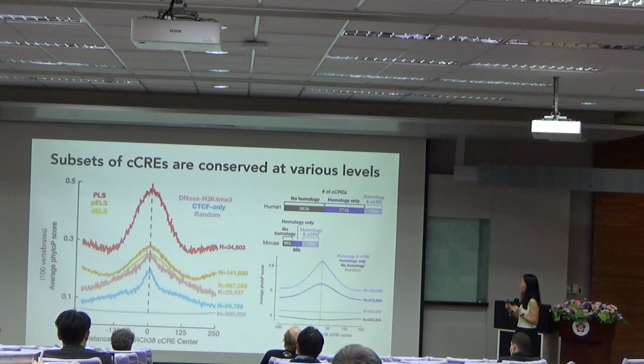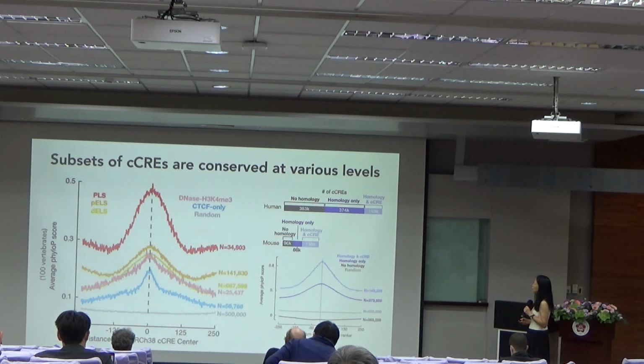So that was what we did in ENCODE, and because we had data from human and mouse, we also looked into the evolutionary conservation of these cCREs by comparing between human and mouse, and also comparing across 100 vertebrate genomes.